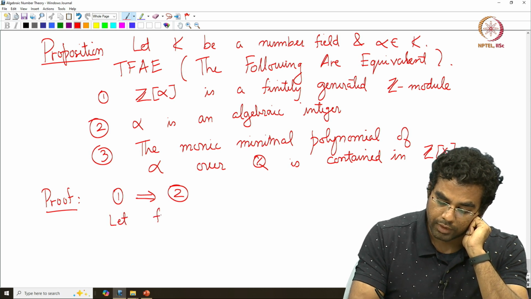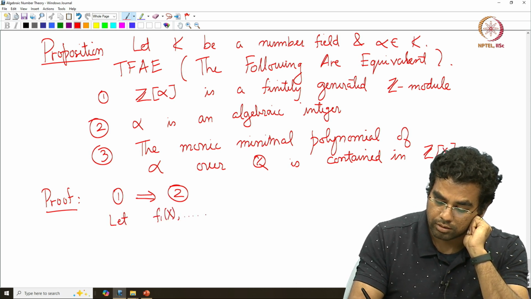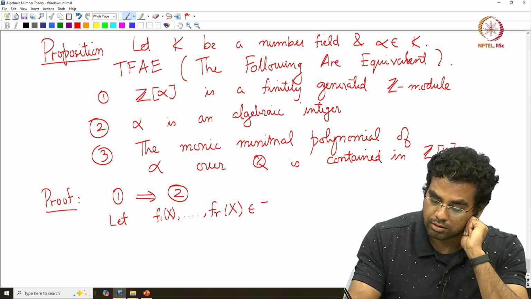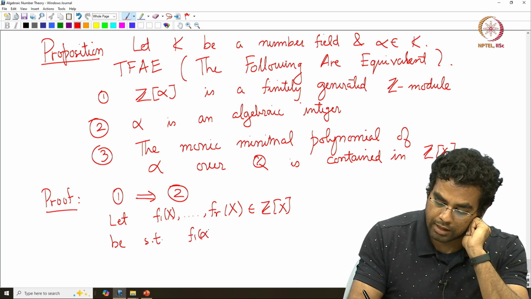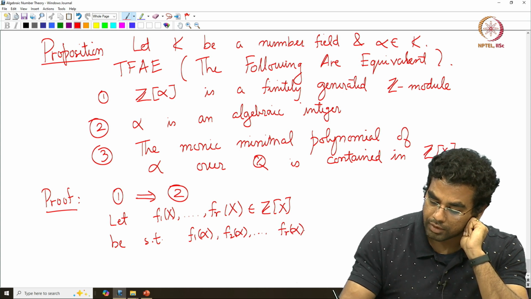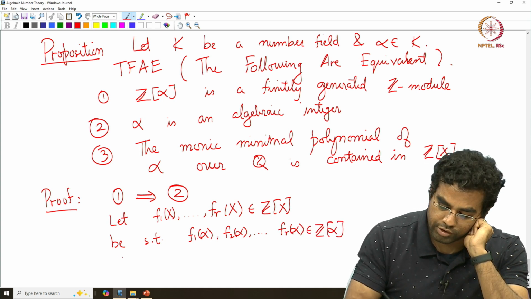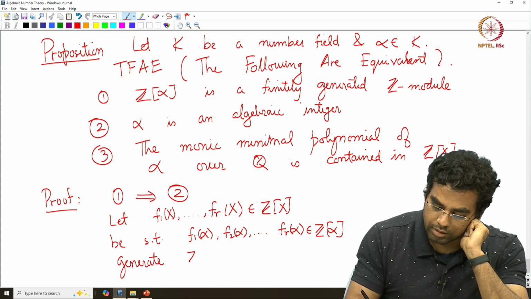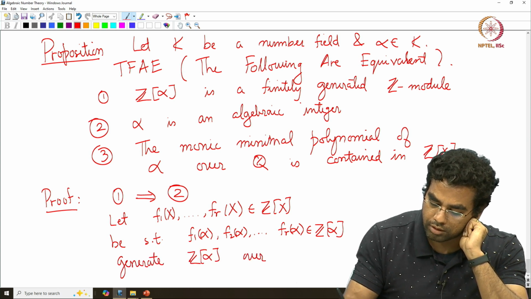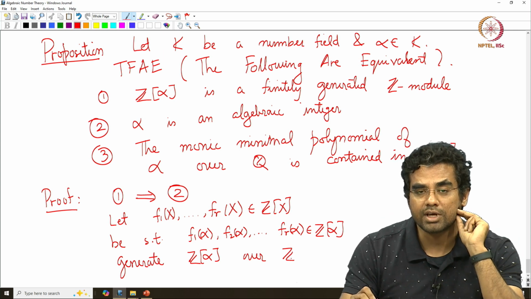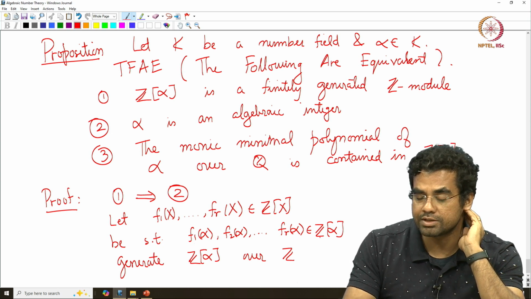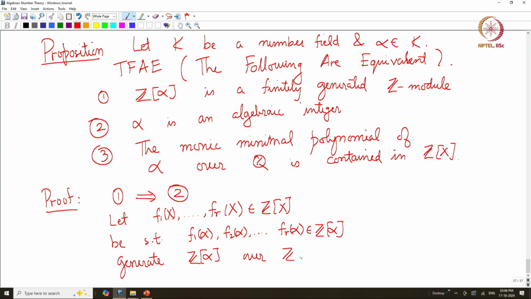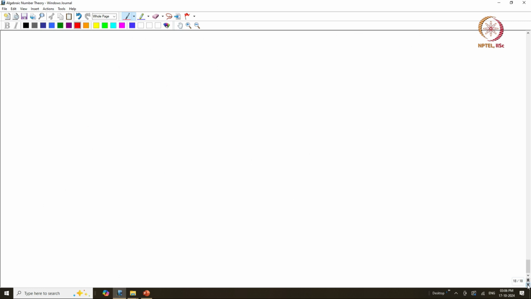So, it means that Z[alpha] is generated as a Z-module by finitely many elements. So, let f1(x) up to fr(x) in Z[x] be such that f1(alpha), f2(alpha), up to fr(alpha), these are elements in Z[alpha], generate Z[alpha] over Z. That is precisely what 1 gives me: finitely many polynomials such that when I evaluate them at alpha, they give me elements of Z[alpha] and generate it as a Z-module.